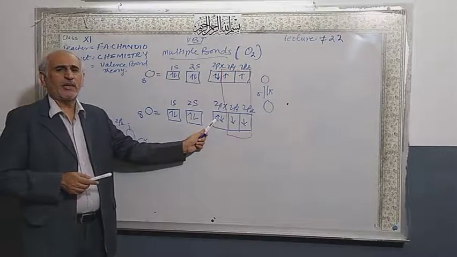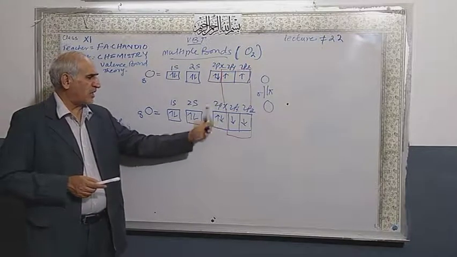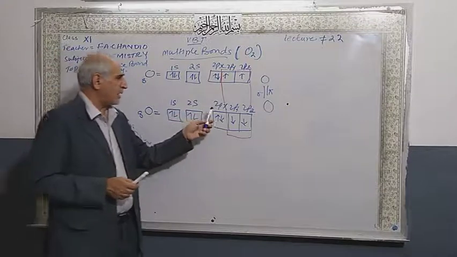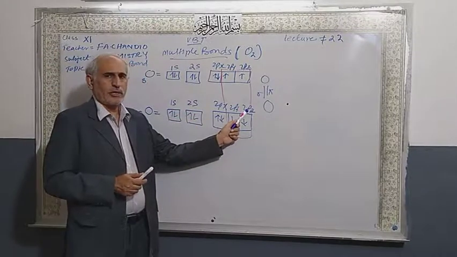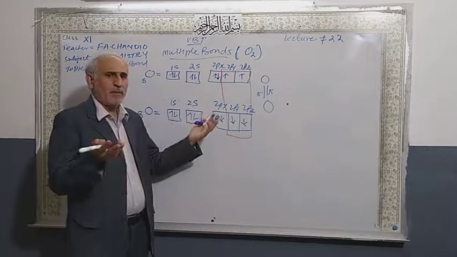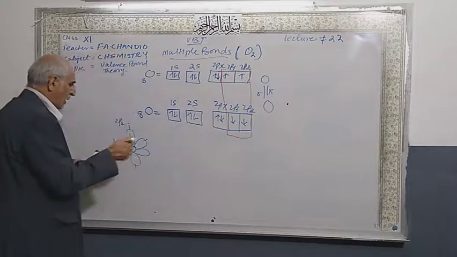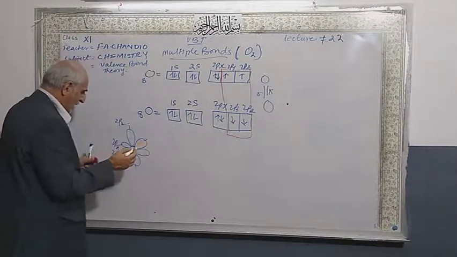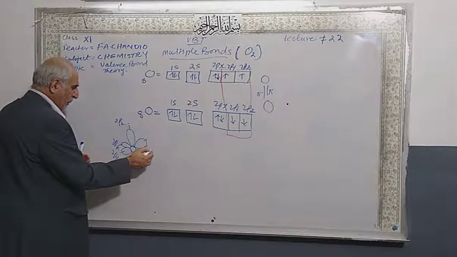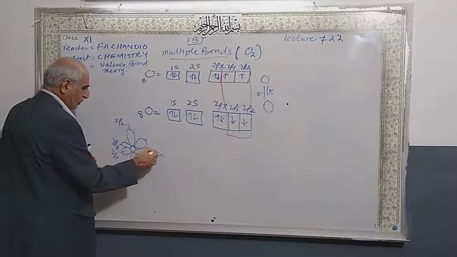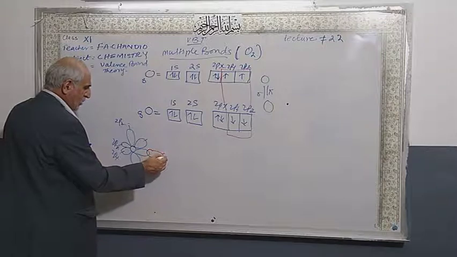These are degenerate orbitals. Don't say x, y, z. This is only for identification of coordinates. But these are p orbitals, and all have the same energy. Degenerate orbitals. That's why x and x are going to overlap. This is another oxygen.